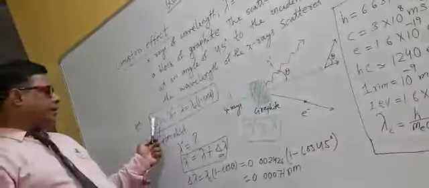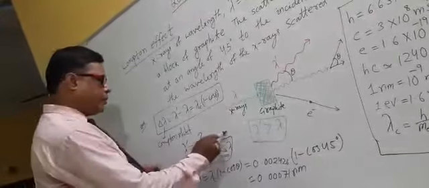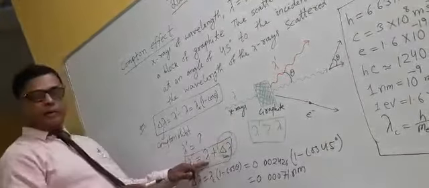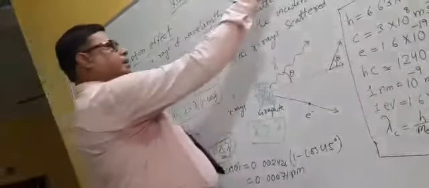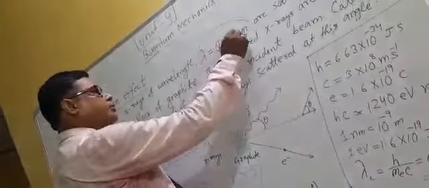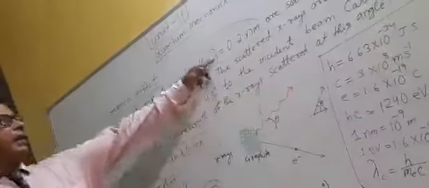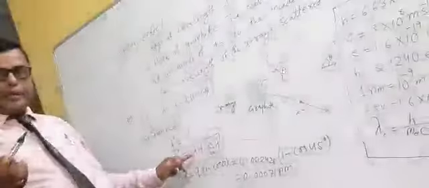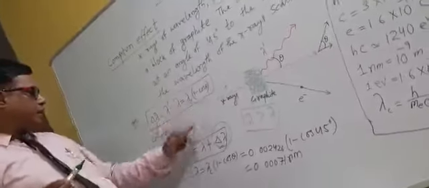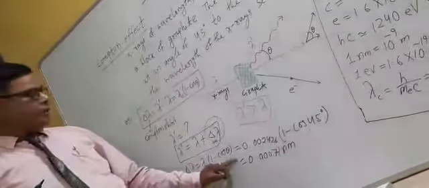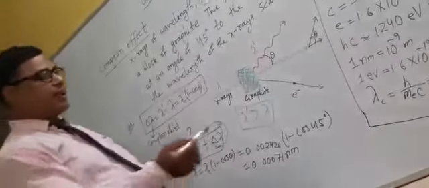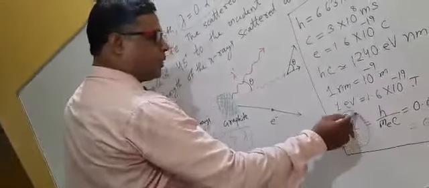Lambda is given, 0.2 nanometer, so you only have to find delta lambda and add it to lambda to get lambda prime. Delta lambda, as per the formula, is lambda c into (1 minus cos theta). Lambda c is a constant value.